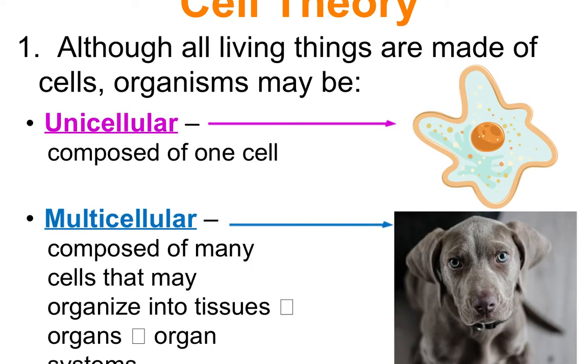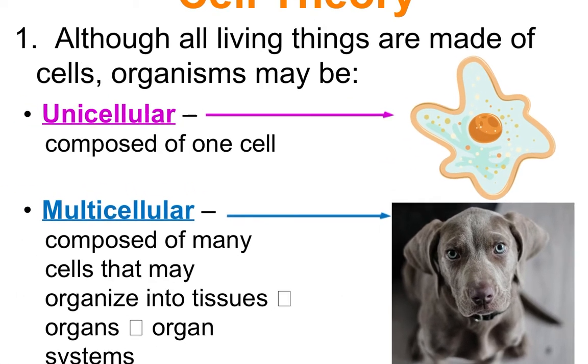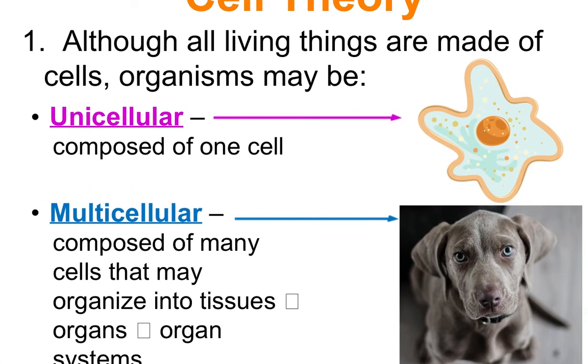All right, so all living things are made up of cells. Organisms can be unicellular, which means this amoeba over here is just one cell, or they can be multicellular, meaning they're made up of lots and lots of cells. Those cells organize themselves to form tissues, and tissue layers organize themselves to form organs, and eventually you get enough organs together and you get an organ system.